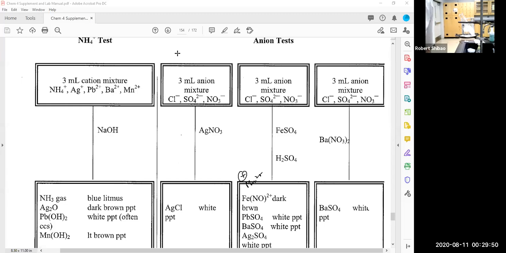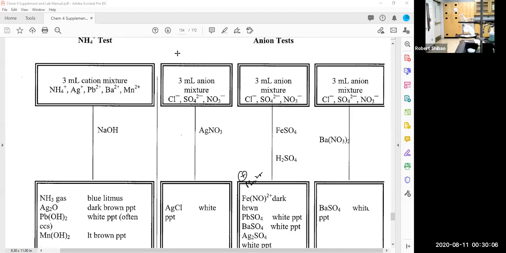And so we're going to test for ammonium. I need that small beaker. I don't really have a small beaker anymore, so I'm going to use a 250. Just make do with what we got.